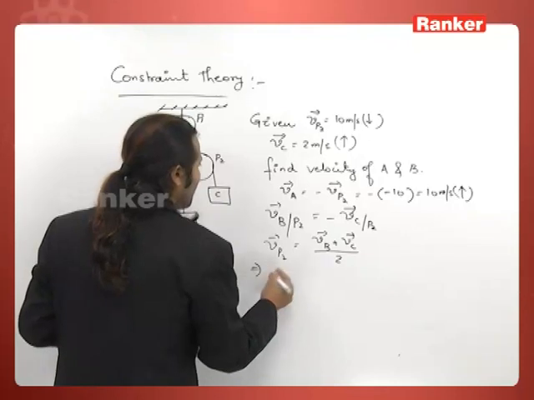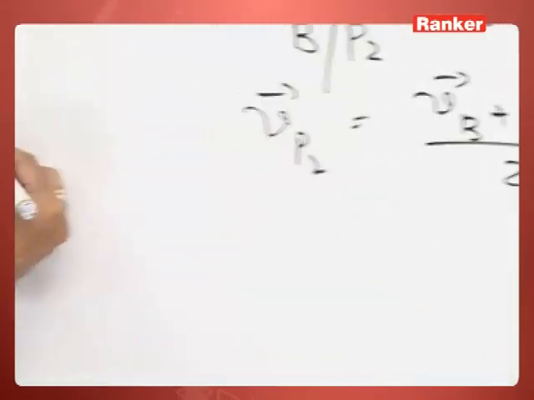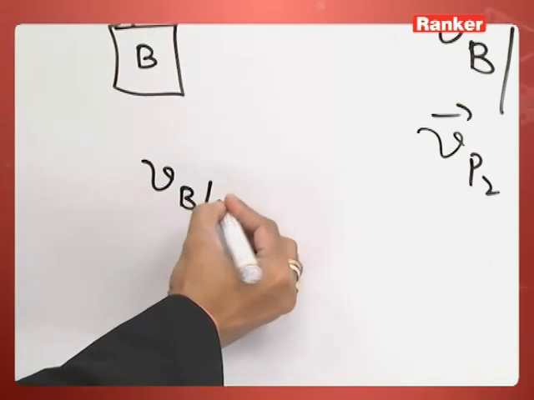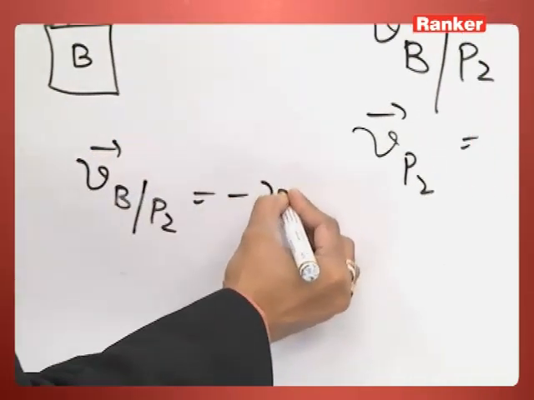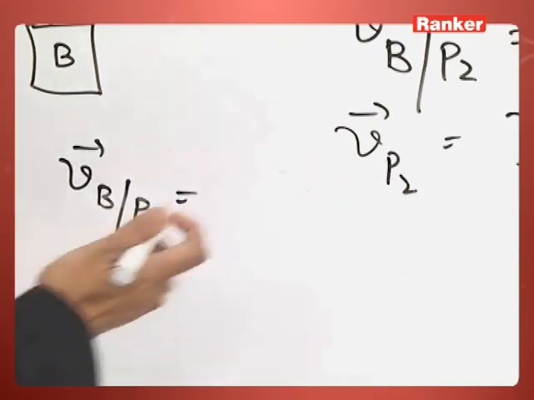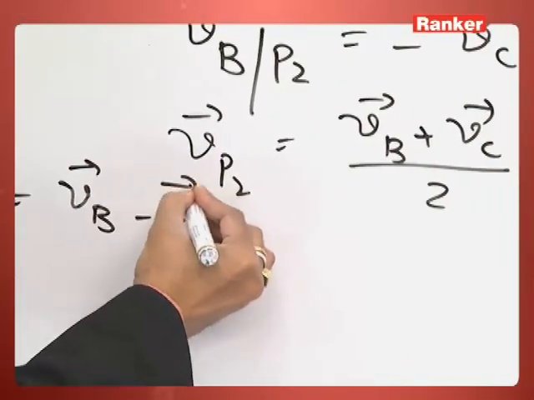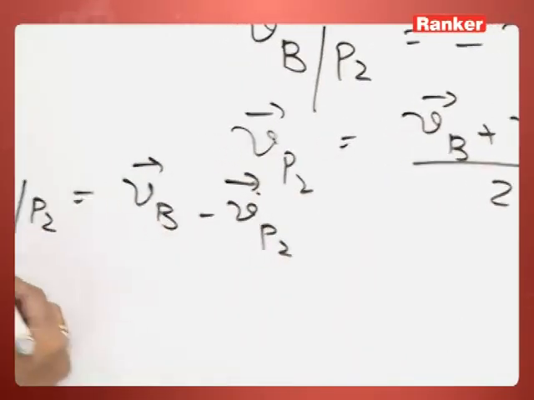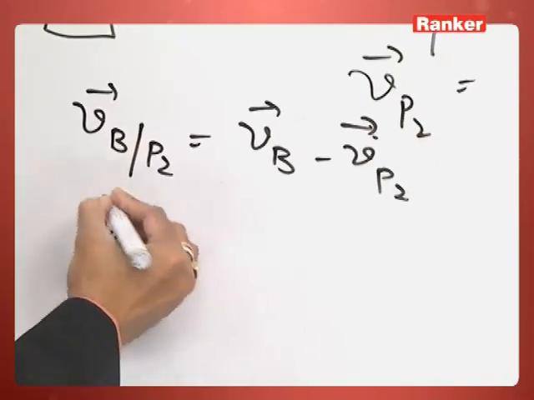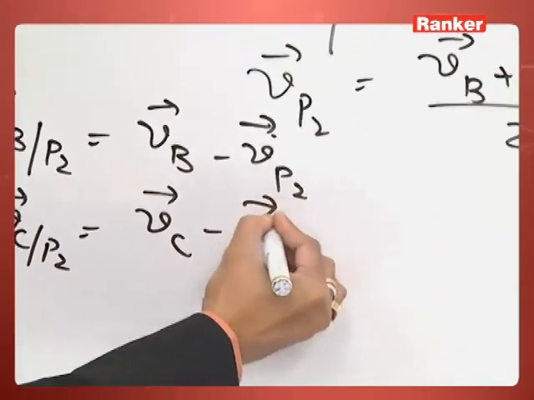Now I need to find out velocity of B. I can write here velocity of B with respect to P2 equals velocity of B minus velocity of P2, and velocity of C with respect to P2 is equal to velocity of C minus velocity of P2.